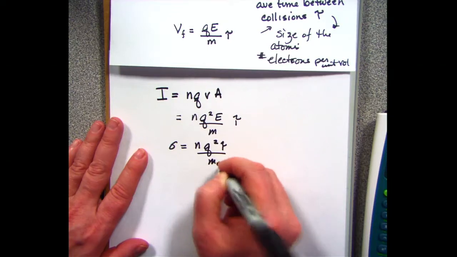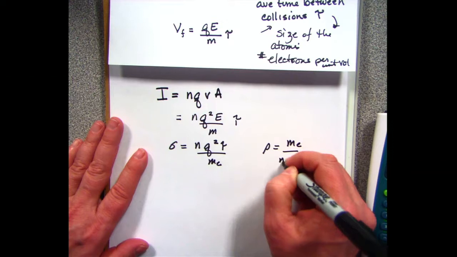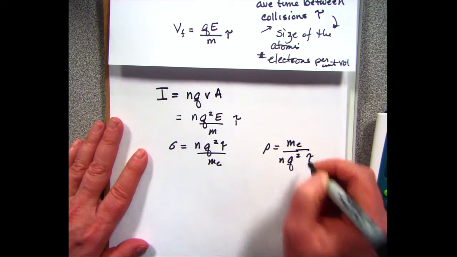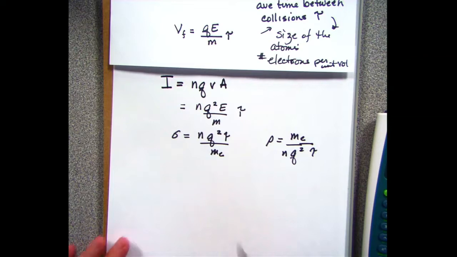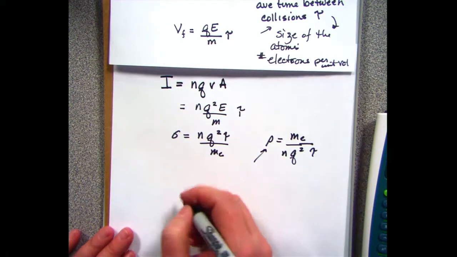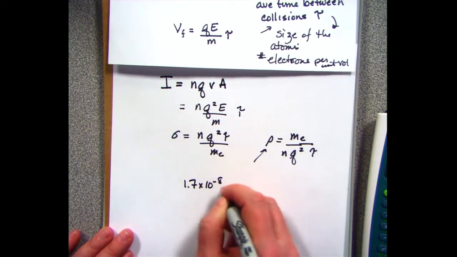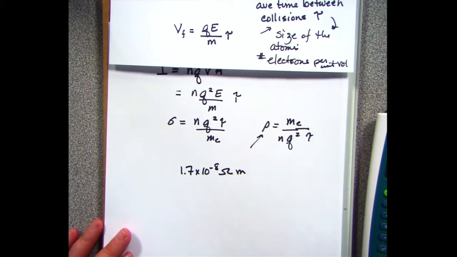So I can look up copper, since it told me copper, and that's 1.7 times 10 to the minus 8 ohm meters. So I can actually plug in some numbers. My drift velocity ultimately equals this, the resistivity, Q, times the number of electrons per unit volume.